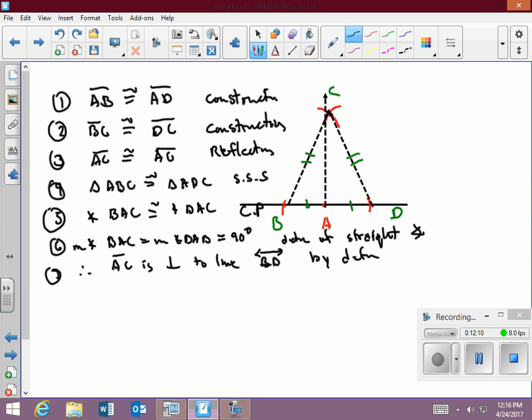We established the two points BD, so it's just those points are on the line. And technically, if you really came down to it, you'd say the line segment AC is perpendicular to the line BD. But nevertheless, that's the construction and justification for that construction.